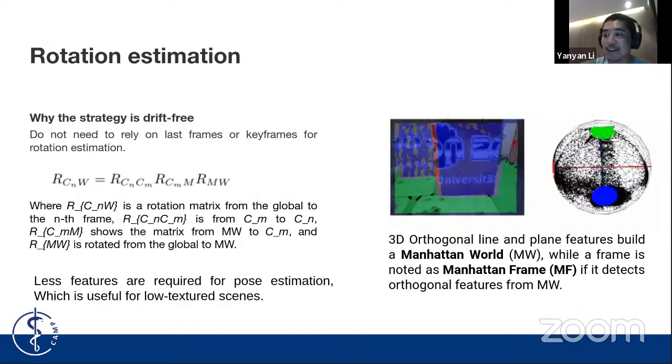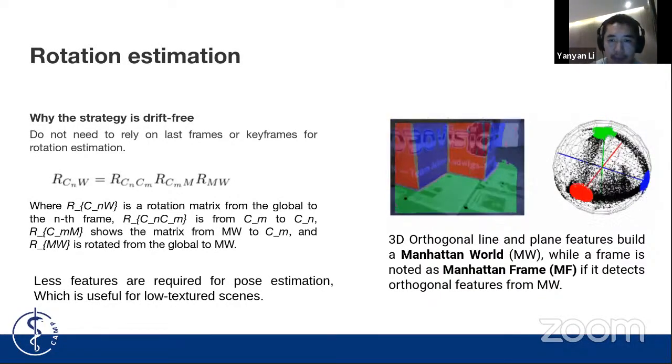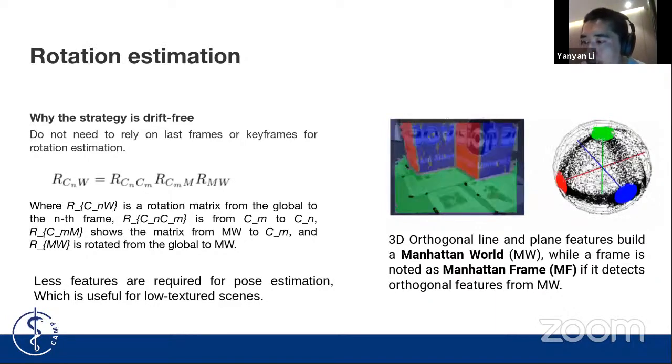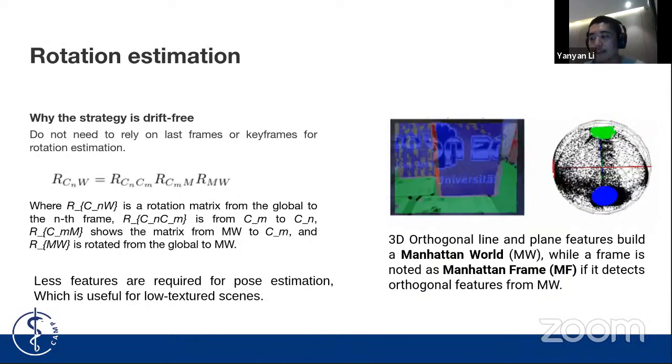Then we can use this R_C(K-1)M as an initial rotation, and based on this initial rotation, we project this R_CM frame to the Gaussian sphere, and then use an iterative process to generate R_CKM.